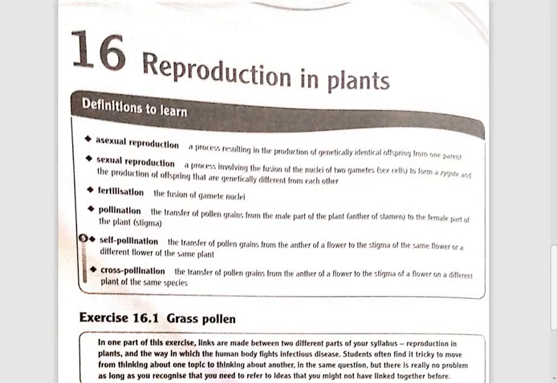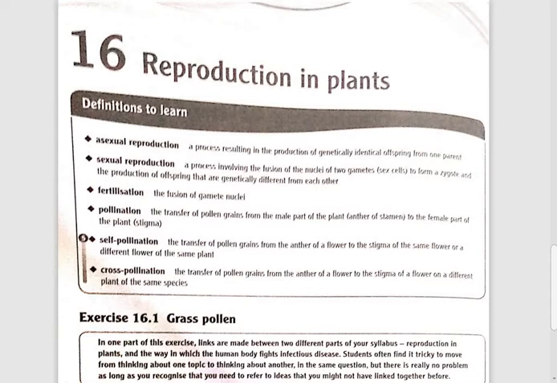And the final definition is cross-pollination: the transfer of pollen grains from the anther of a flower to the stigma of a flower on a different plant of the same species. You need to bear in mind that when they talk about cross-pollination, the pollination is supposed to be within the same species of flower. For example, one species of flower is probably rose, and the second species of flower is berries.